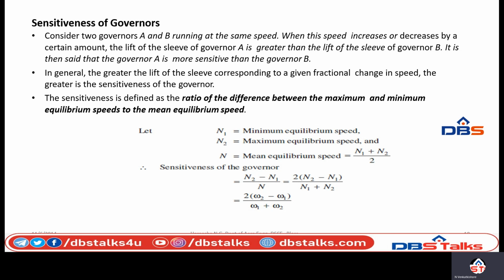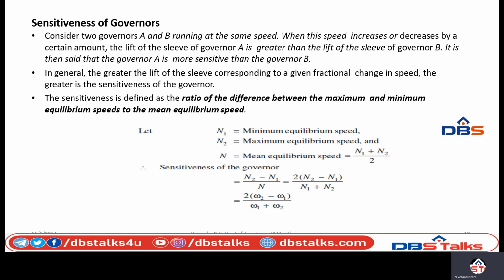When the speed increases or decreases by a certain amount, if the lift of the sleeve of governor A is greater than the lift of the sleeve of governor B, it is said that governor A is more sensitive than governor B.